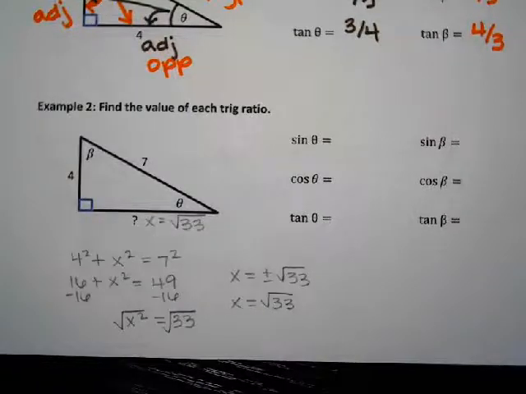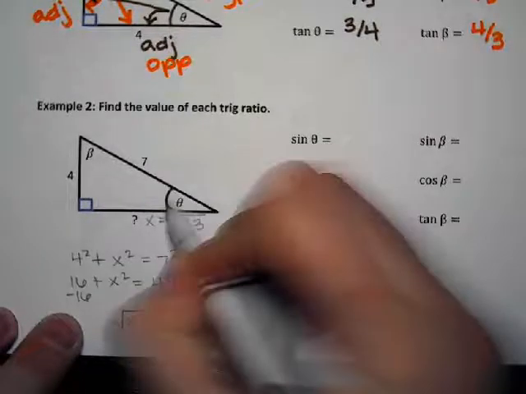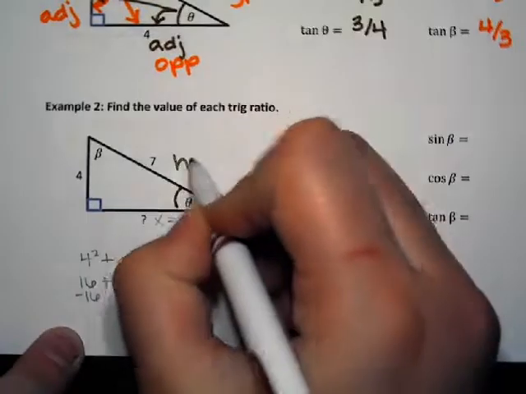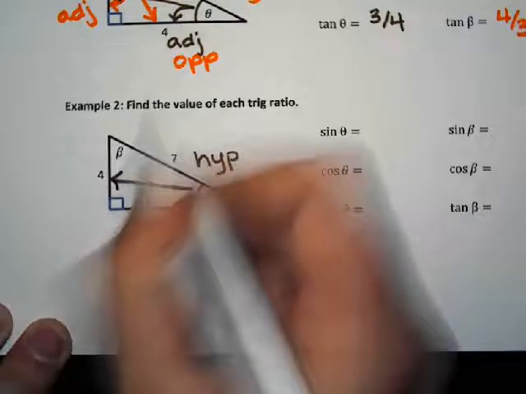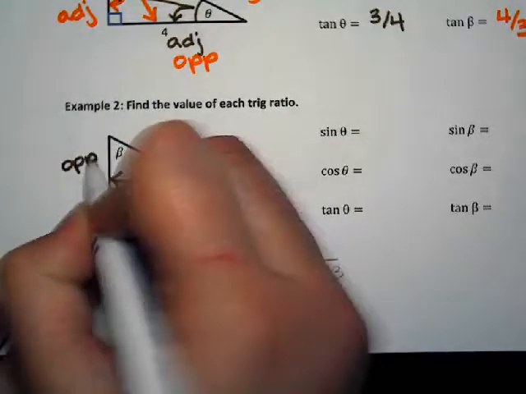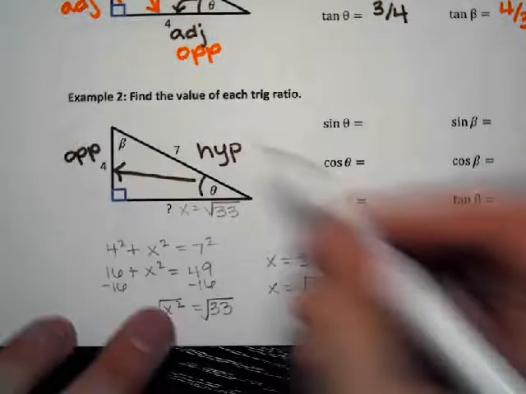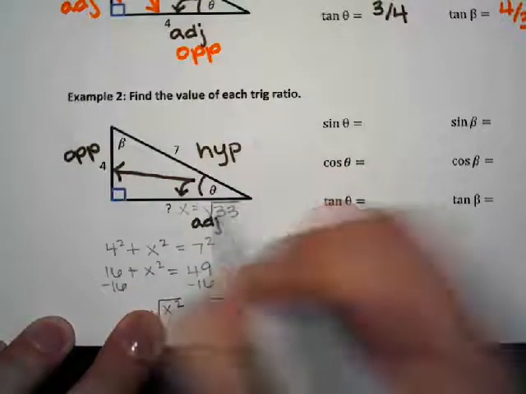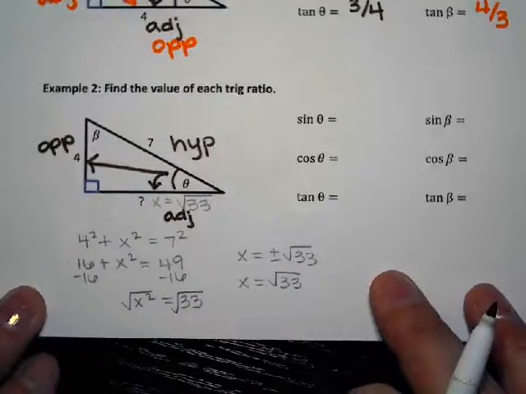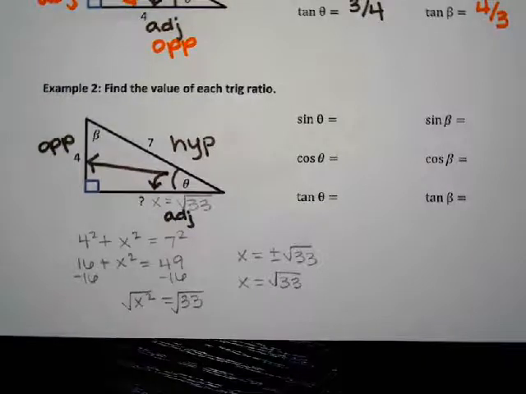Okay, hypotenuse. Opposite. Adjacent. So what should I write for sine of theta?